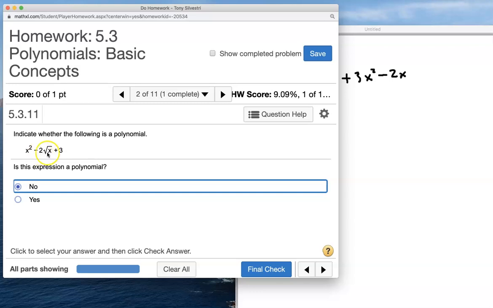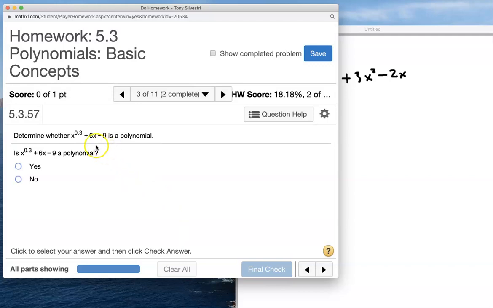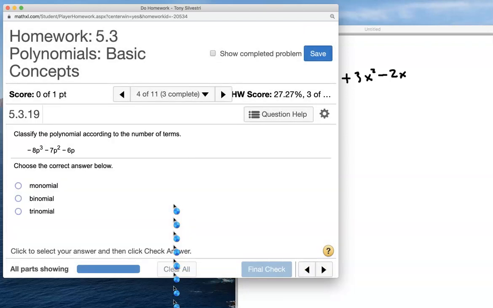You can only have variables raised to a power. So that's good. That's what you do here. And this is not a polynomial either. The power has to be an integer, a whole number. 0.3 is not a whole number, so nope, you can't have that either. So they're a very specific type of expression that you're going to see a lot of.